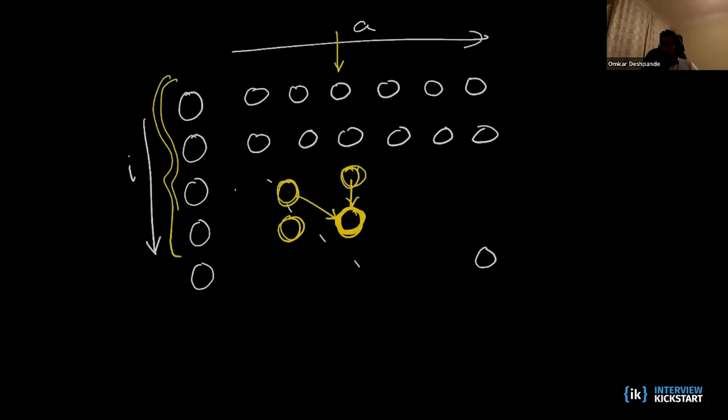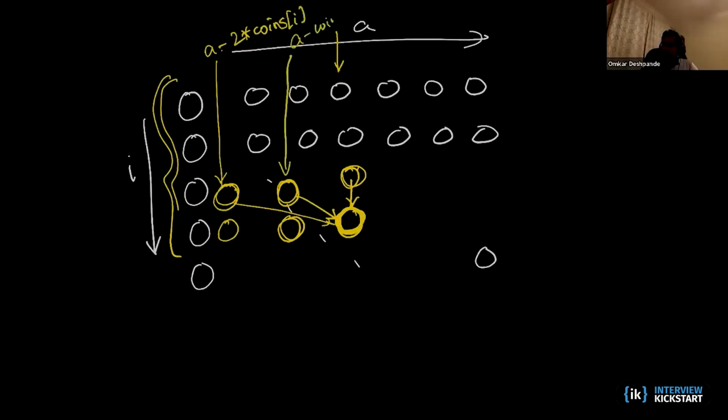If I have two copies, I would depend on this node, where this amount is A minus 2 times coins of I. This amount is A minus coins of I, and this amount is A itself, and so on.